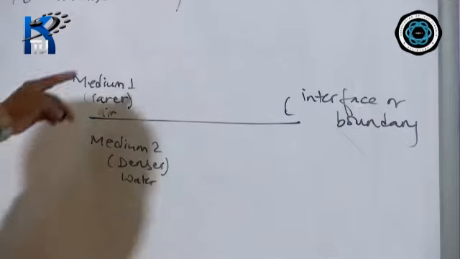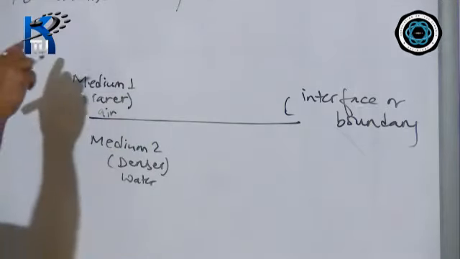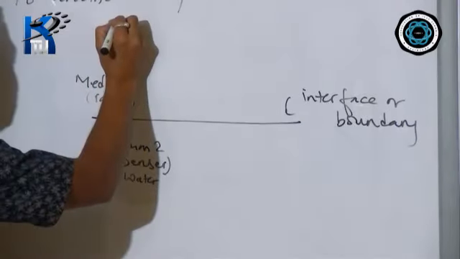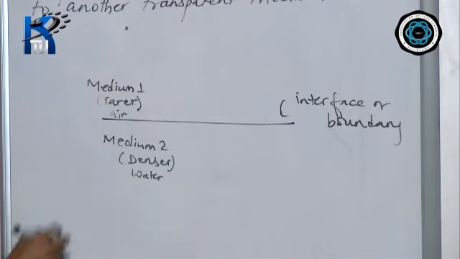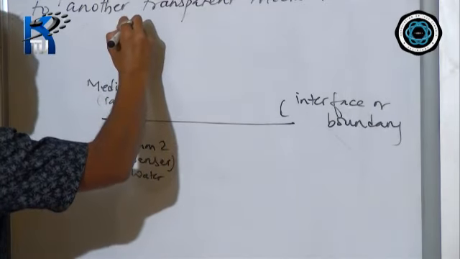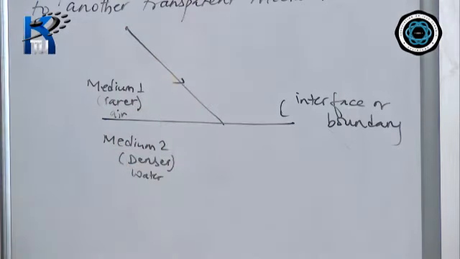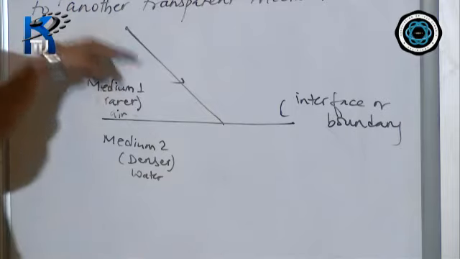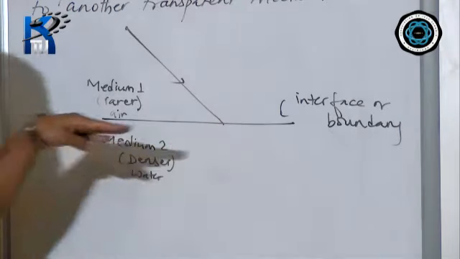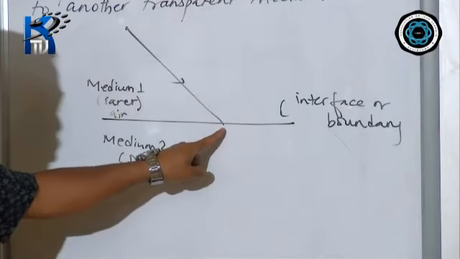So taking these two media, let me take the case of light traveling from air to water. There will be a source of light. What happens to the ray of light? If it travels from a source, as per ray optics, it travels in a straight line. Let me take this ray as the incident ray. When light is incident at a particular point on the interface, this point is called the point of incidence.